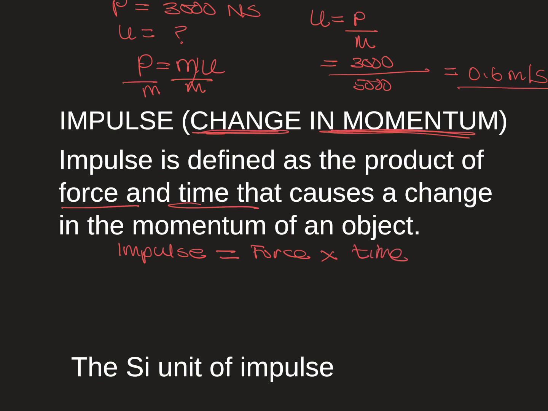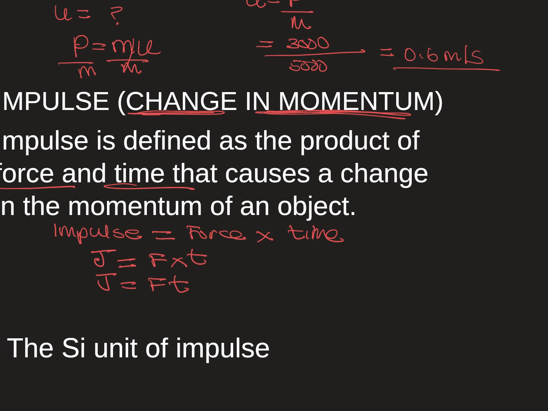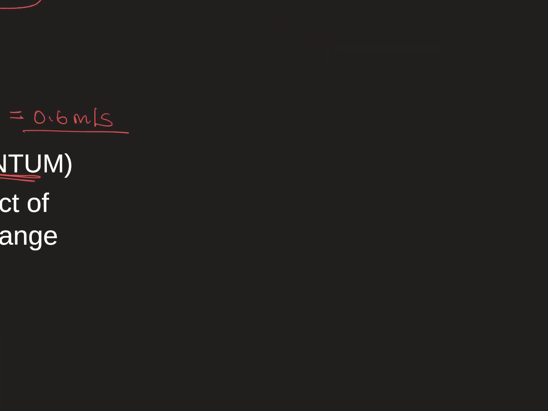Impulse can be represented by the letter J, or I in some textbooks, and is equal to F multiplied by t. So J, impulse, is Ft. In physics, when force is multiplied by the time, we refer to this as the impulse. But you should also know that impulse means change in momentum of an object. So how will we explain this?